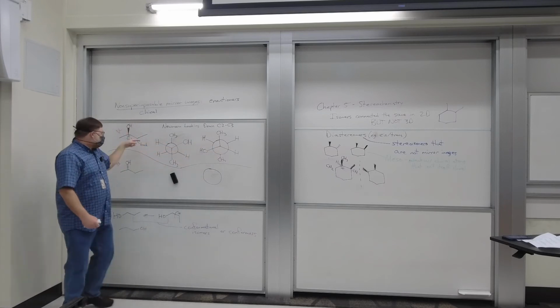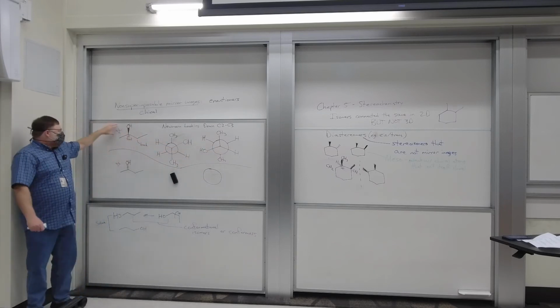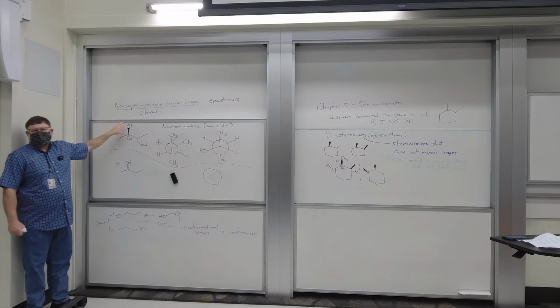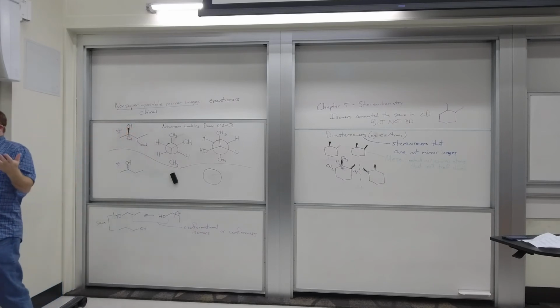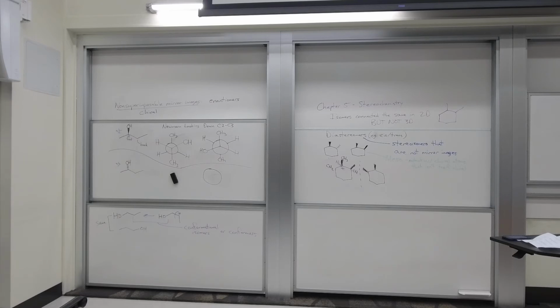You could draw this, looking in the other direction. If I tell you your eye is here, C2 should be the front carbon. But if you're just analyzing this molecule, you could decide to look from the other way, C3, C2. So C3 is the front, C2 is the back. It's the same molecule. If I take a picture of my house with a drone from the sky, or from a webcam sitting in the grass, or as the realtor would like, from right in front of it, they're all the same house.